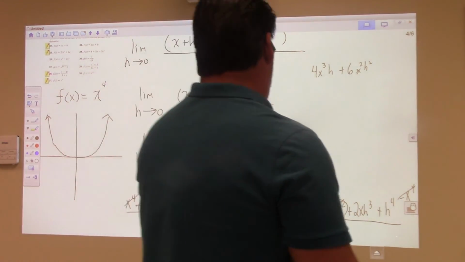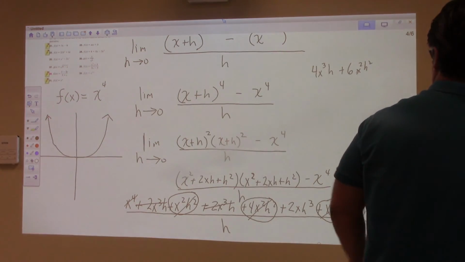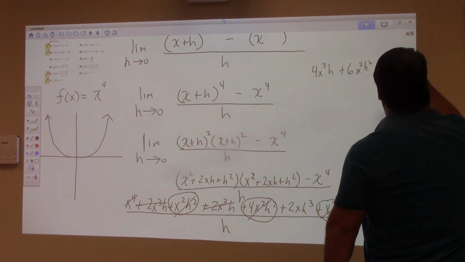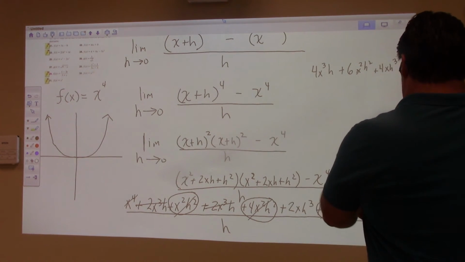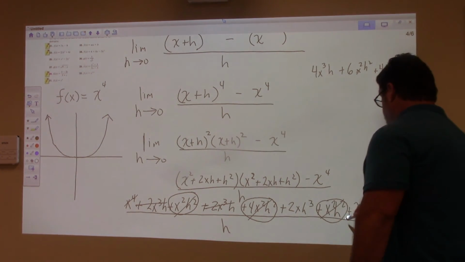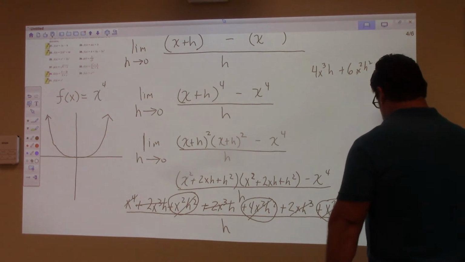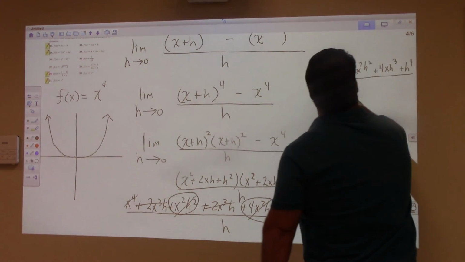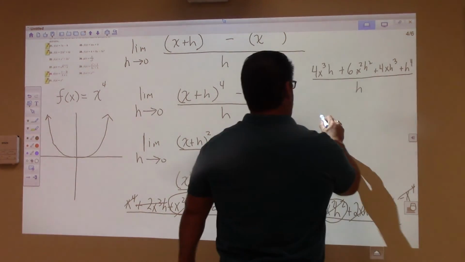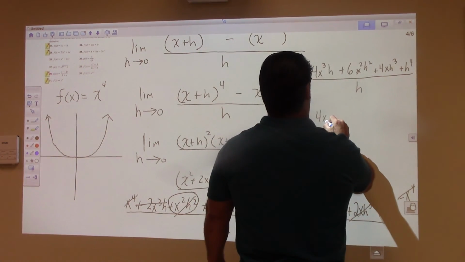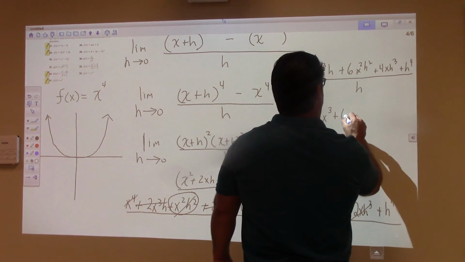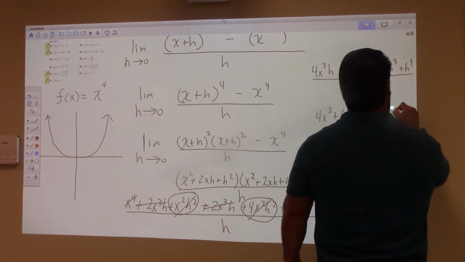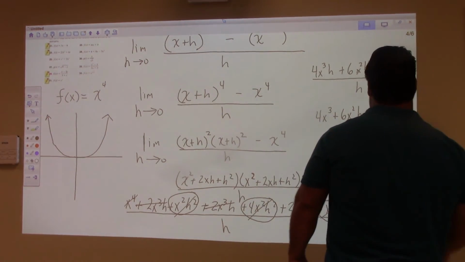Plus 4xh cubed, plus h to the fourth. And that's going to give us 4x cubed plus 6x squared h plus 4xh squared plus h to the third.